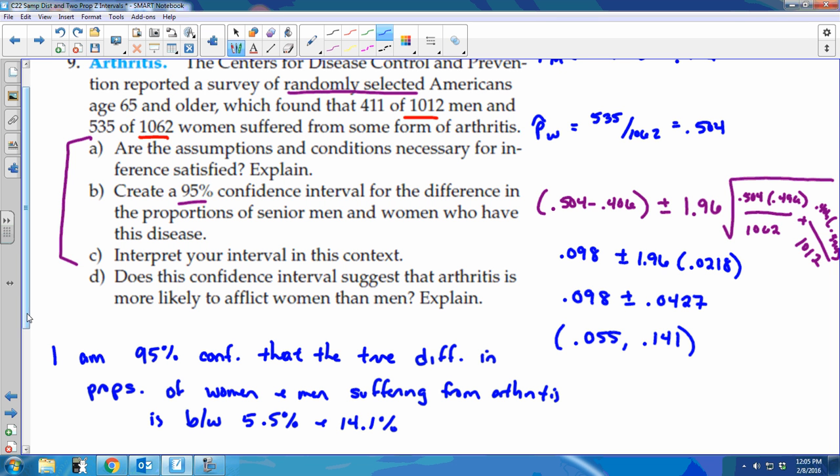That's not wrong. Right? I'm 95% confident that the difference in proportions is somewhere in that interval.